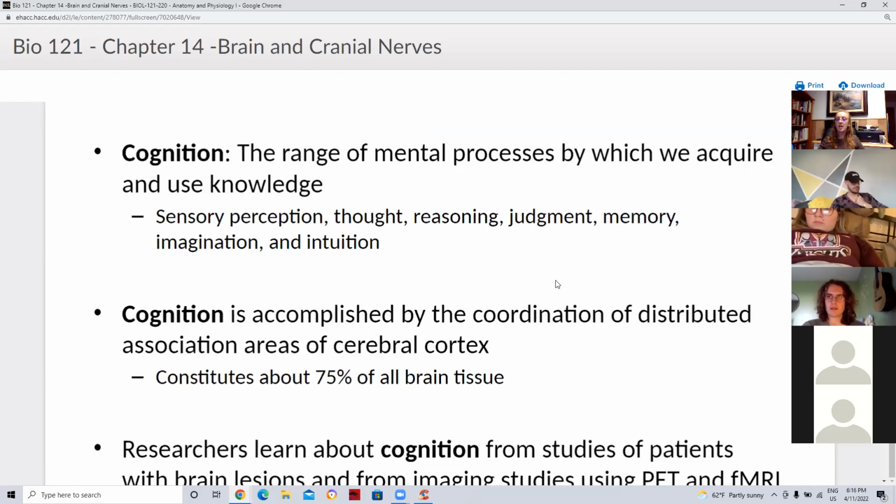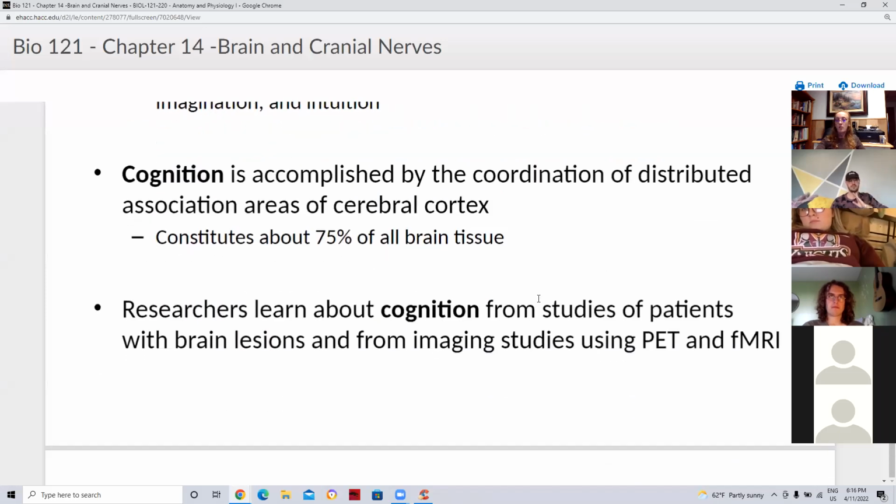Your association areas account for about 75% of all the brain tissue. Researchers learned more about cognition from studies of patients with brain lesions and from imaging studies using positron emission tomography or functional magnetic resonance imaging.